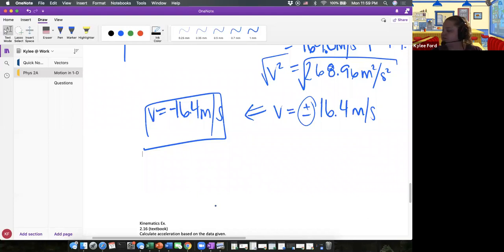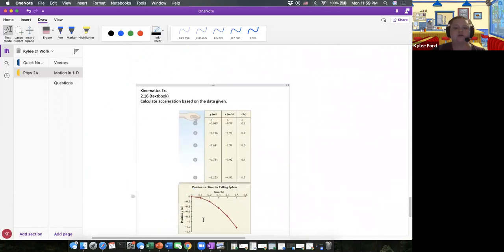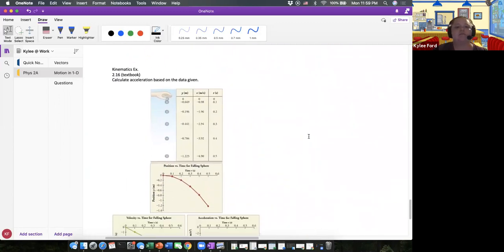All right. That one was pretty short, so I can move on to the final one we have here. This is another problem in your textbook, example 2.16. Based on this data here of a ball falling from a person's hand, we want to calculate the acceleration.